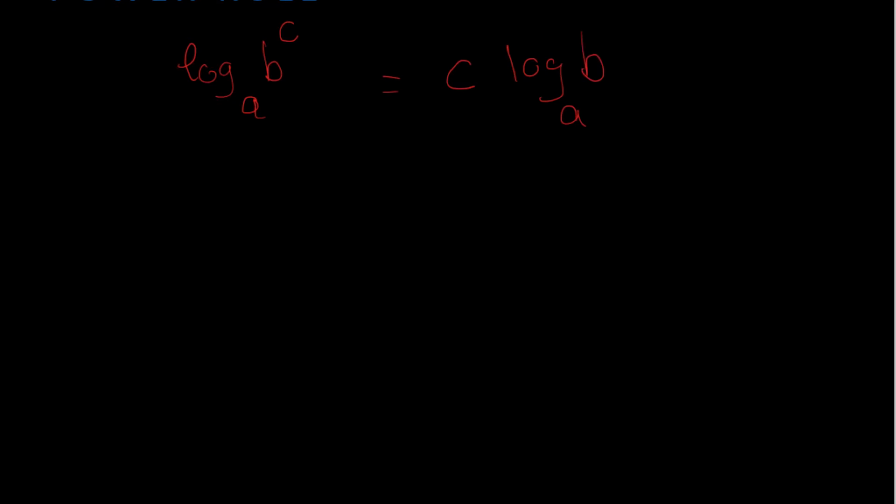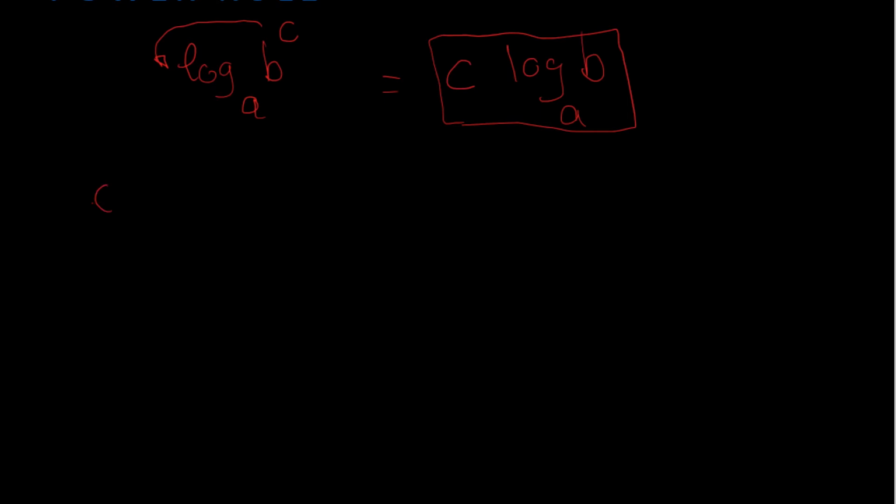As you see here, when we have log base a and the argument b is raised to c, the c comes before the log and turns into c log base a of b.